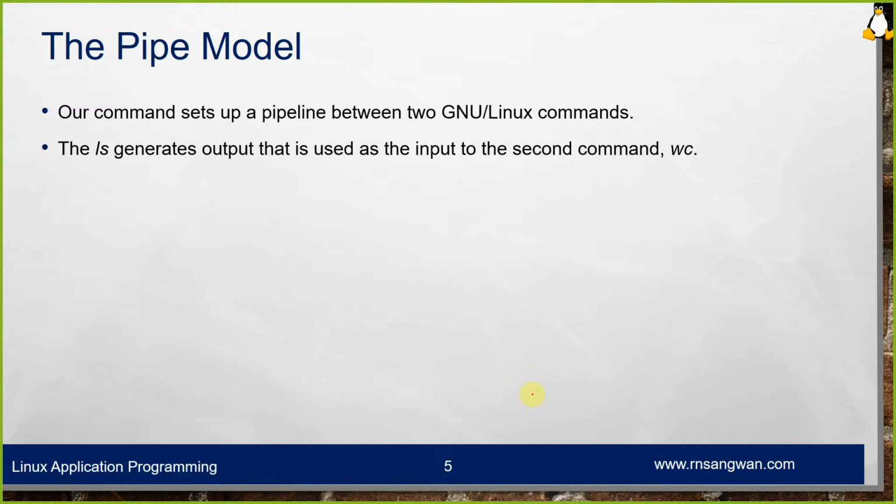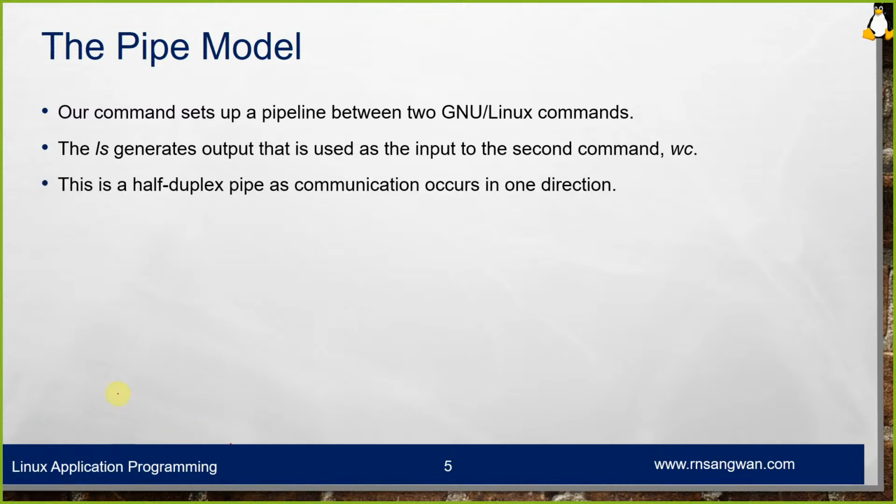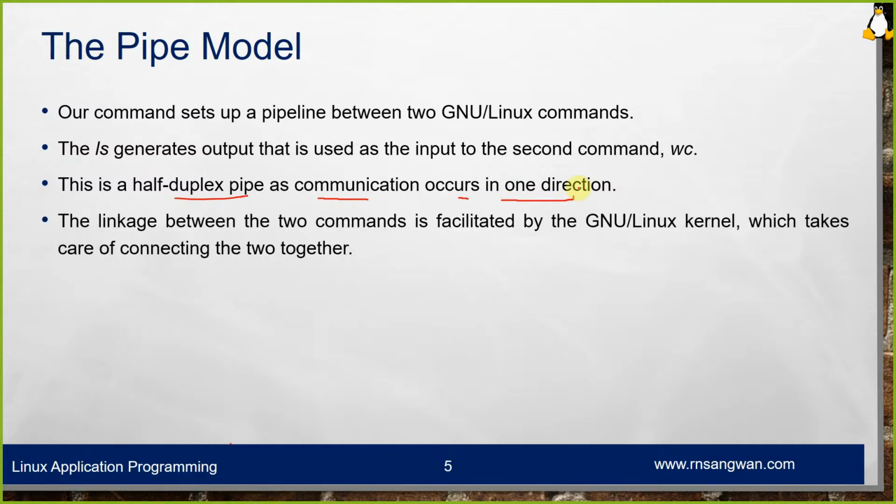The ls generates output that is used as input to the second command, wc. This is a half-duplex pipe, as communication occurs in one direction only. The linkage between the two commands is facilitated by the Linux kernel, which takes care of connecting the two together.